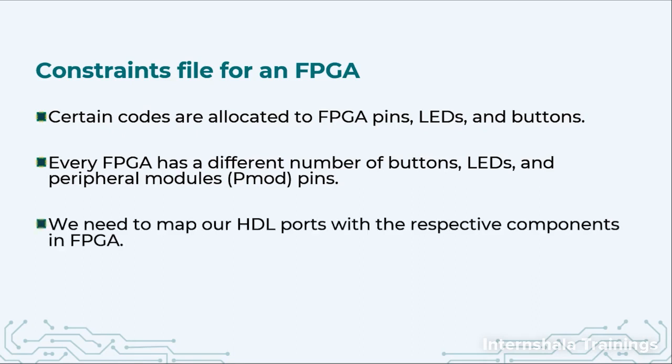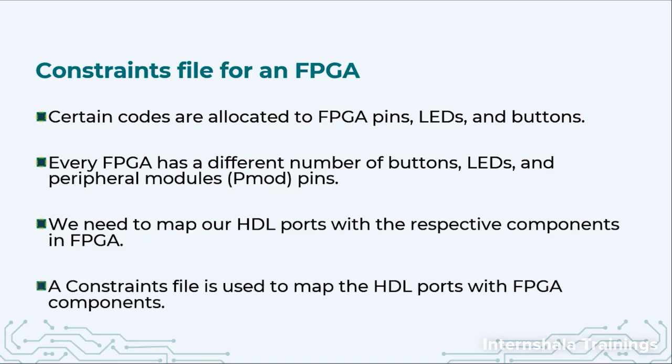What we need to do is define the mapping of our Verilog code ports with these unique codes on the FPGA. A constraint file is needed to map those things.